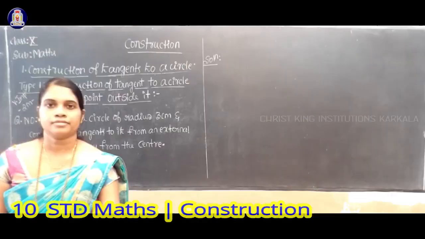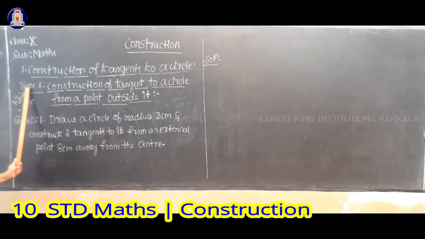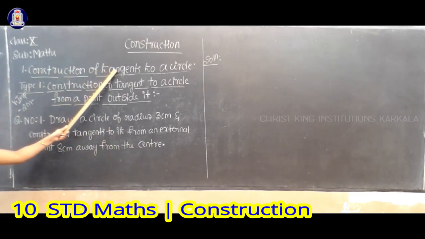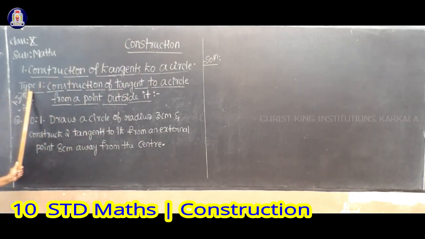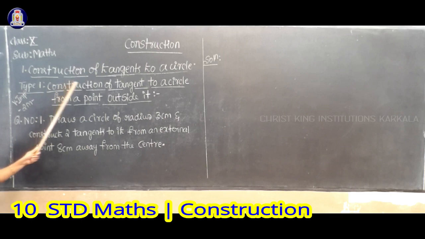Now type 1: construction of a tangent to a circle. First we'll discuss type 1. Construction of tangent.